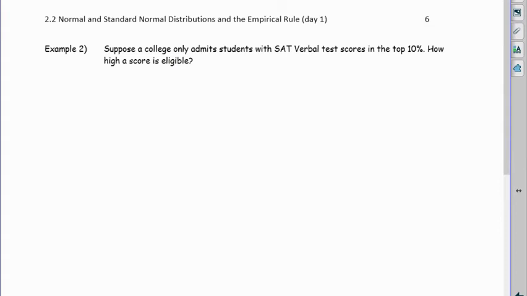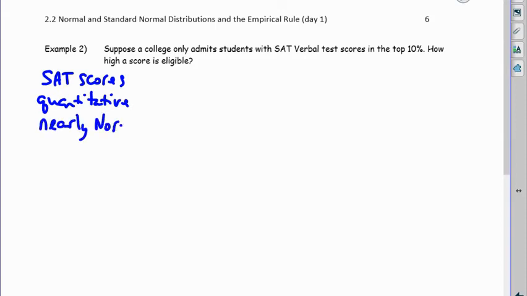So, what if your college is only going to admit students with SAT verbal test scores in the top 10%? Well, we just proved that SAT scores, that we have quantitative data, and it is nearly normal. And because I wrote that it is nearly normal, and that was given, it is appropriate to draw my curve.